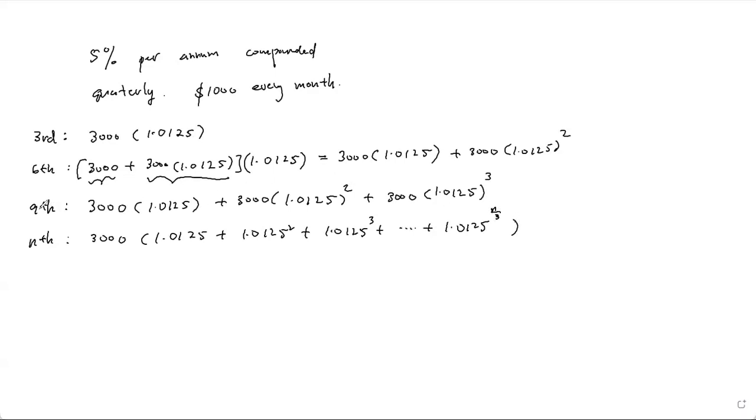Just take note that if it's the 9th month, I'm going to have 3 terms, so you notice that I have 3 terms, 1, 2, 3.